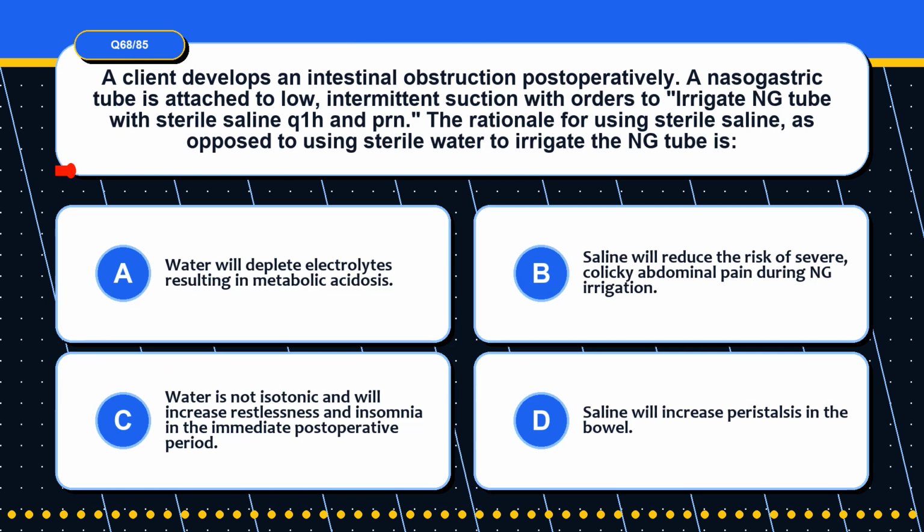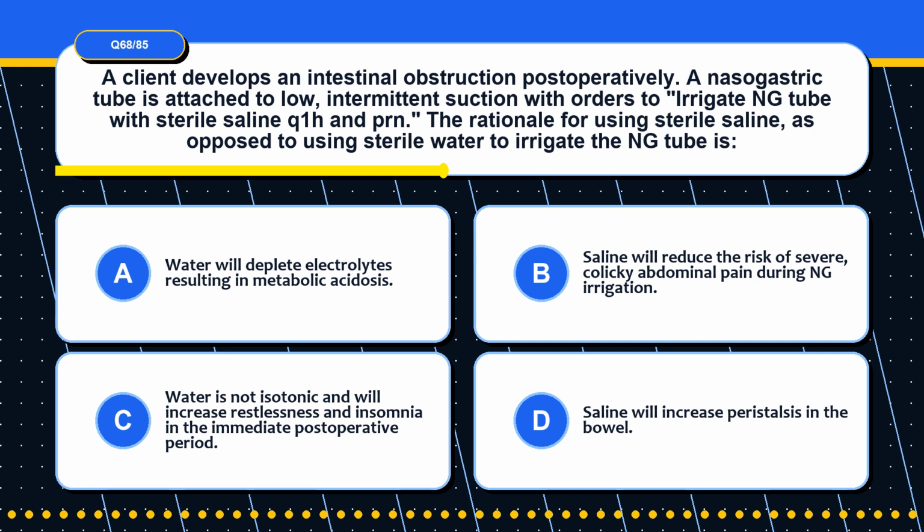Question 68. A client develops an intestinal obstruction postoperatively. A nasogastric tube is attached to low, intermittent suction with orders to irrigate the NG tube with sterile saline every hour and PRN. The rationale for using sterile saline, as opposed to sterile water, to irrigate the NG tube is, here are the options.